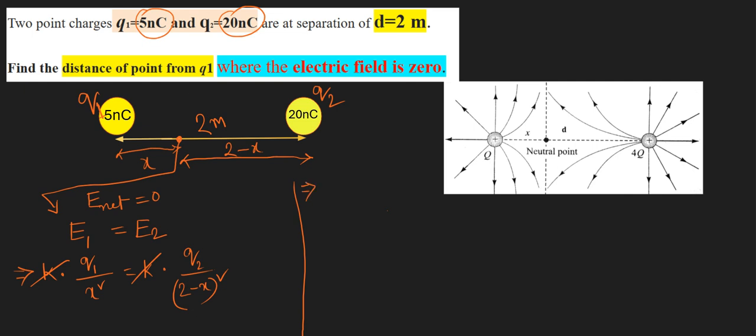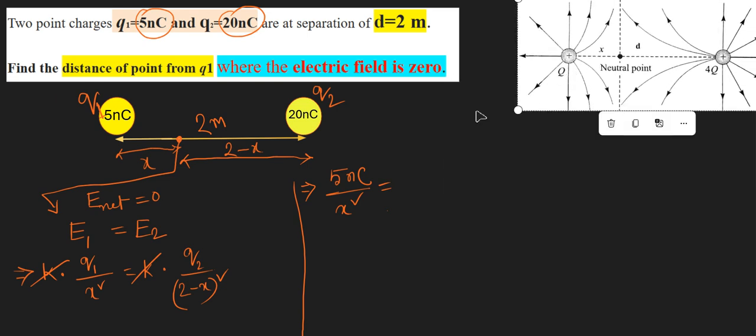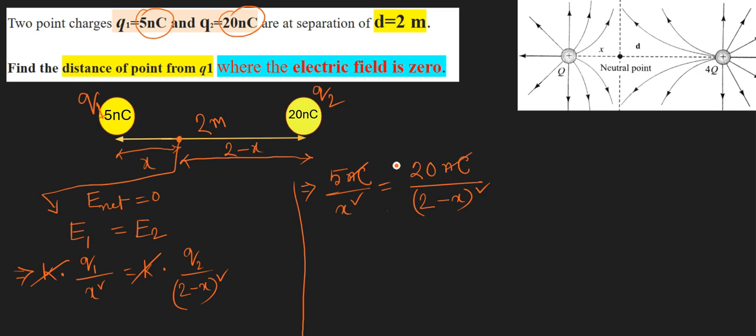Now we could plug in the value of Q1, which is 5 nanocoulomb over x square, equals 20 nanocoulomb over 2 minus x whole square. So this nanocoulomb and that nanocoulomb cancel out each other.